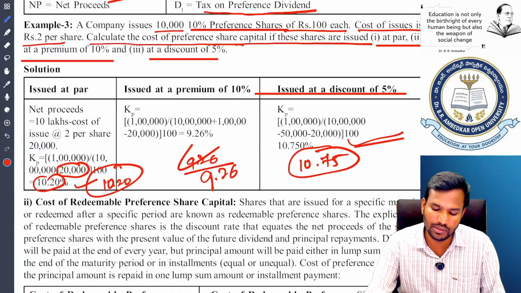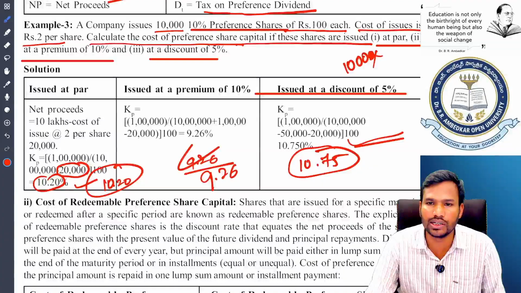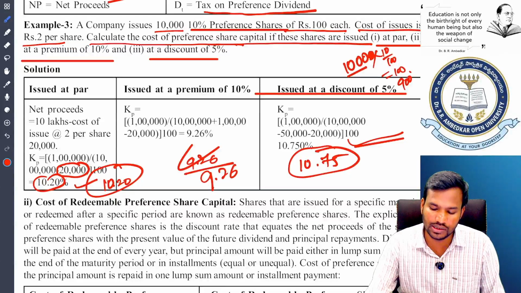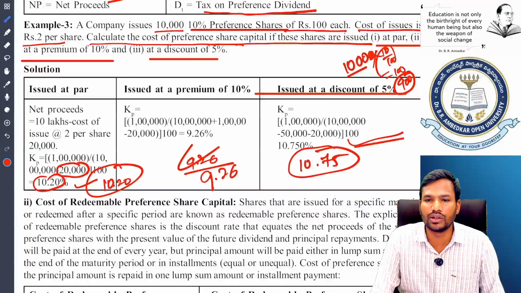Suppose, for example, the company issues 1,000 preference shares at the rate of 10% discount, 1,000 into 10 by 100 is equal to 100 rupees. The company will receive only 900, but at the payment time the company should pay 1,000 rupees.